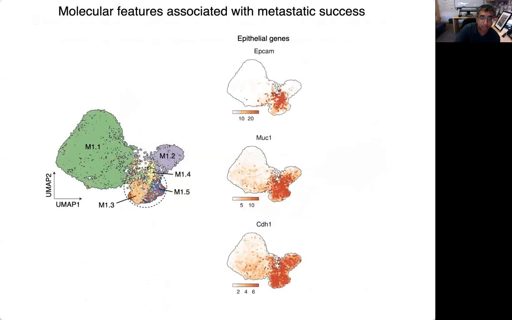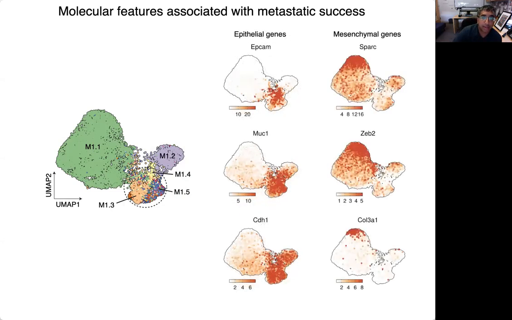And as you might expect, in that circled region, the quote unquote unsuccessful clones that are still detectable, we see markers of epithelial genes. And in contrast, if we look at the region, so this is now looking just at mouse 1, you can see the big M1.1 clone there. The genes that are expressed out there are really the mesenchymal genes.